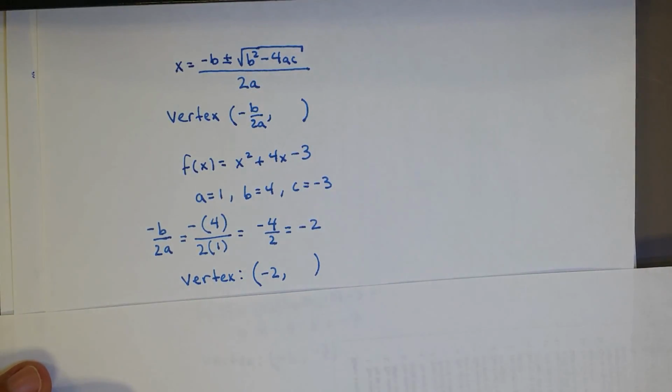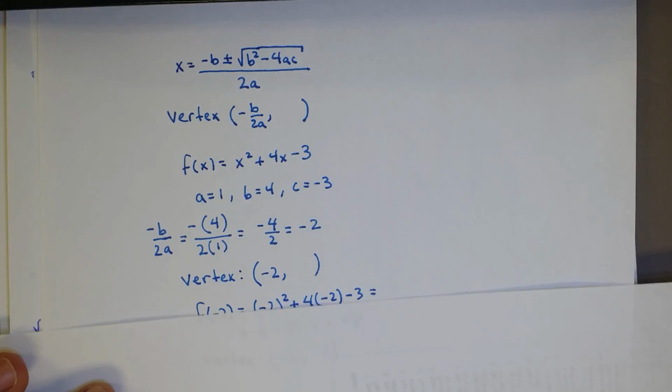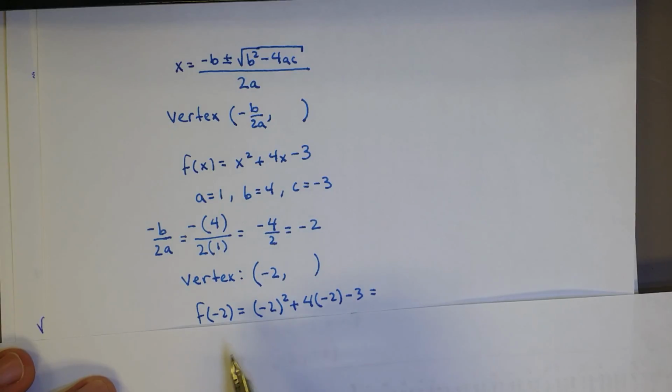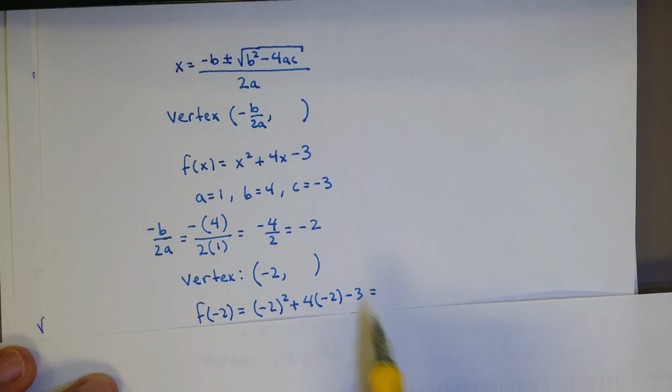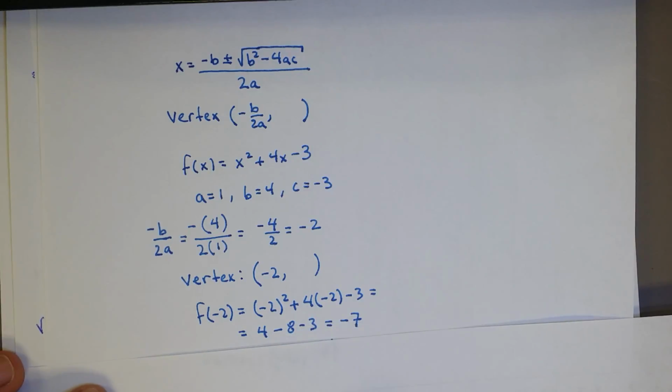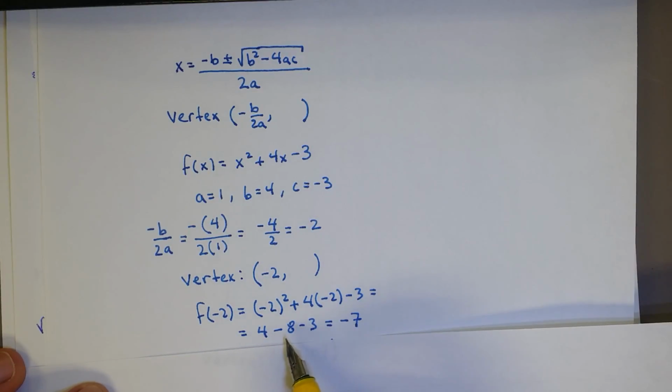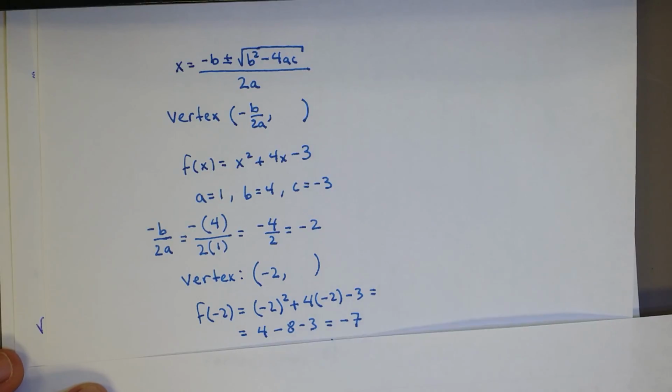Okay, so to find the y-value of the vertex, let's go ahead and plug -2 into our function, and we're going to find that the function evaluated at -2 is -2 squared plus 4 times -2 minus 3, which is equal to 4 minus 8 minus 3, which is equal to -7.